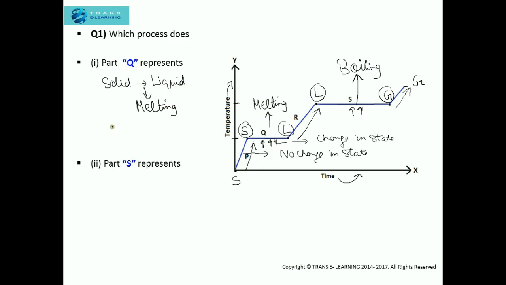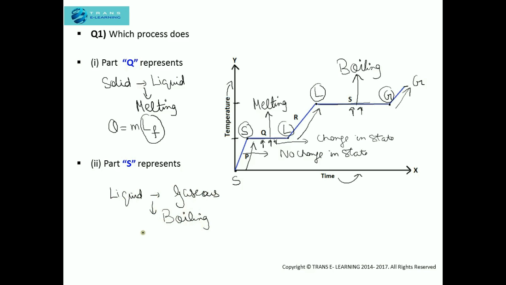And if we take heat into consideration, then the heat absorbed will be M into L, where L represents the latent heat of fusion. Next, part S represents the changing of the liquid into the gaseous form, and this represents the process of boiling.